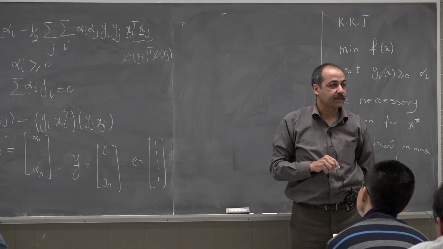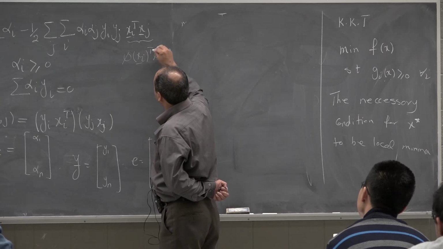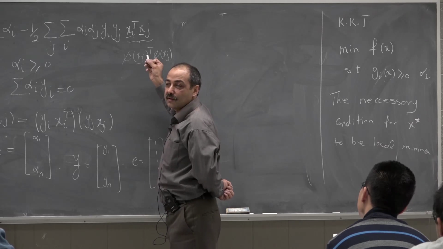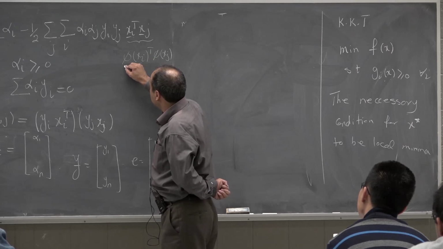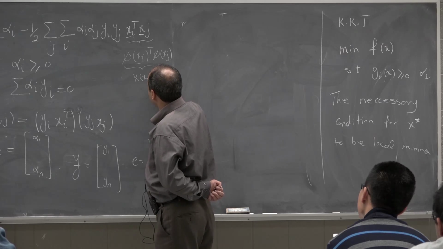But I know that phi xi transpose phi xj corresponds to some kernel in the original space. So I can take this and put a kernel between xi and xj.